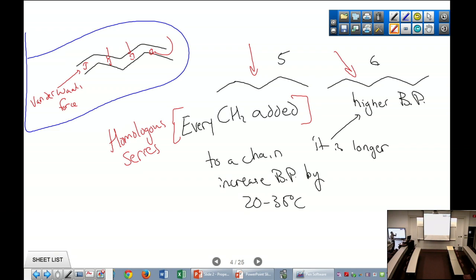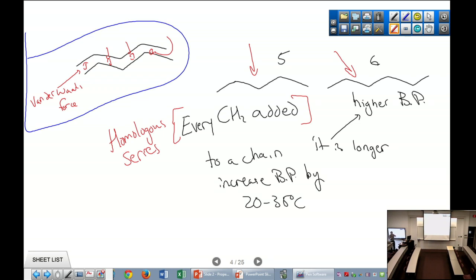So if you go 5 to 6, 6 to 7, 7 to 8, that is a homologous series. So, 8 carbons has a higher boiling point than 7. 7 has a higher boiling point than 6, right? So every time you add a CH2, your boiling point goes up. Because as you put the molecules closer together, there's more molecule there to interact with each other, so you increase the van der Waals forces.